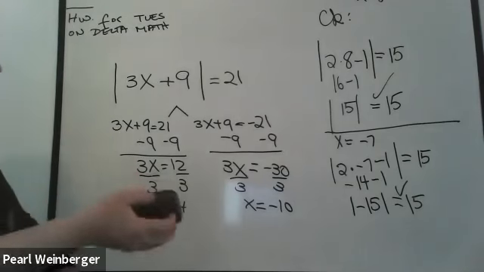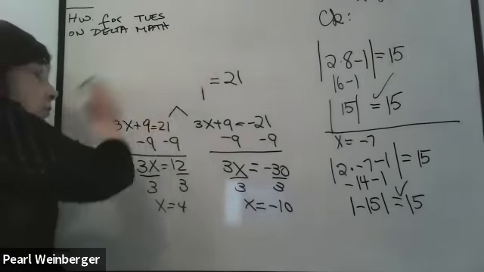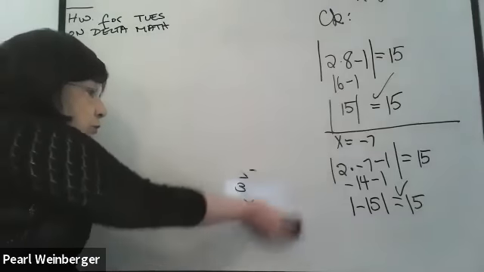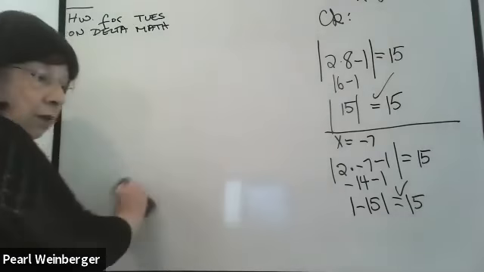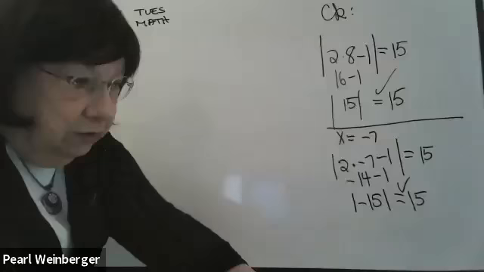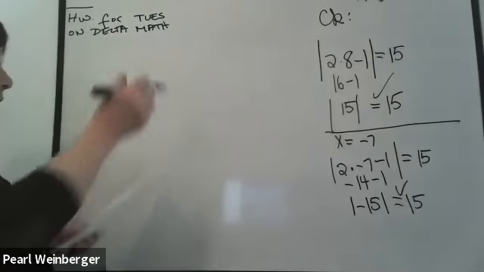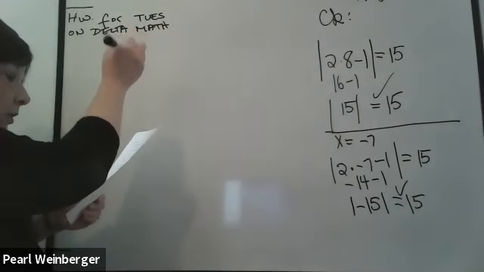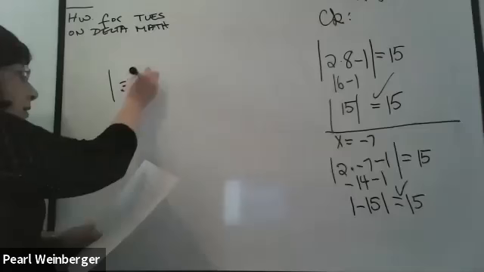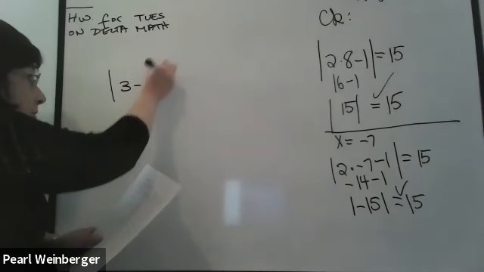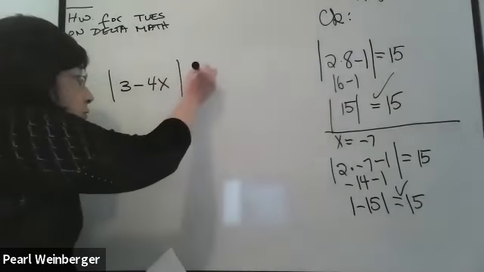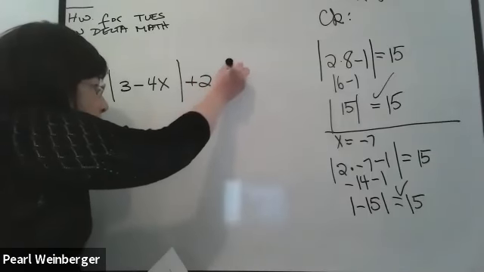So I want to do one extra question. And I'm going to start it, and then I'm going to let you complete it. Let's say I had this example. I have the absolute value of 3 minus 4x, close absolute value, plus 2 equals 4.